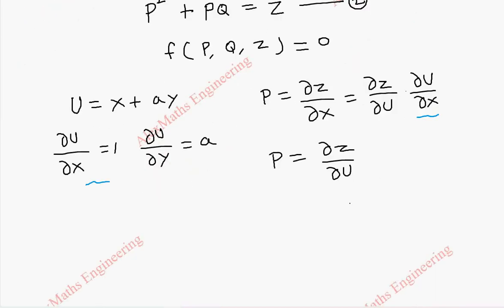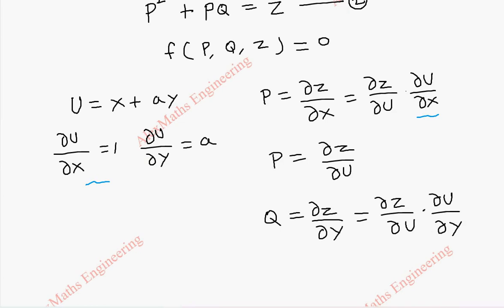In the same way, capital Q is dou z by dou Y, rewritten as dou z by dou u into dou u by dou Y, and we got this value as a, so capital Q is dou z by dou u into a.